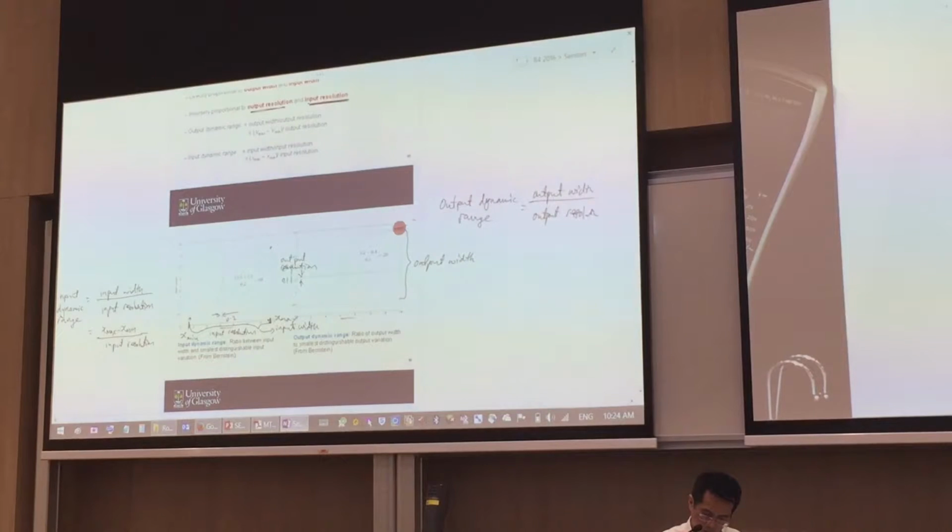And we have seen before, this one is your D max, that one is your D min, for the output. So that will be equal to D max minus D min divided by output resolution. Okay. Some definitions over here: the output dynamic range and the input dynamic range.